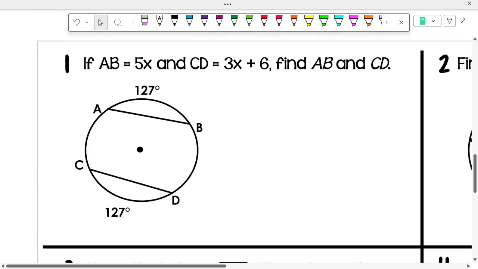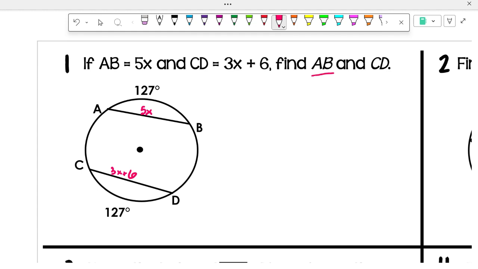So for number 1, it states that segment AB is equal to 5x. So I'm going to go ahead and label that. And segment CD is 3x plus 6. And it wants us to find the length of AB and CD. So first things first, we've got to solve for x. Now, if you look, they also gave us the measures of arc AB and arc CD.